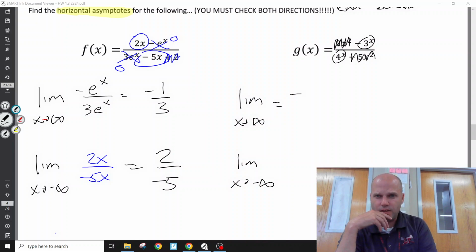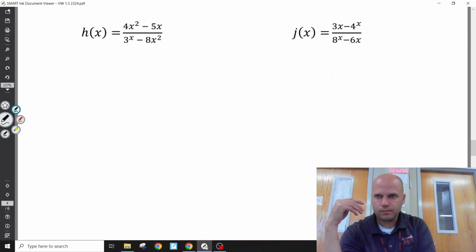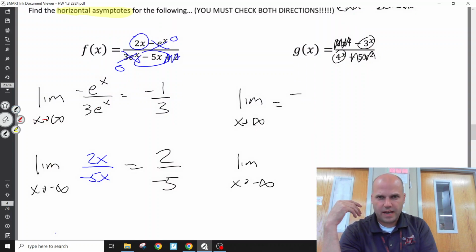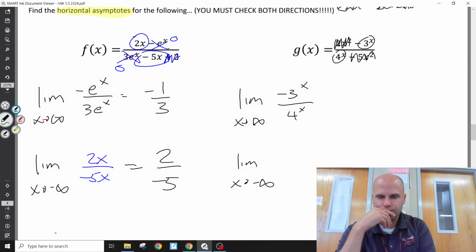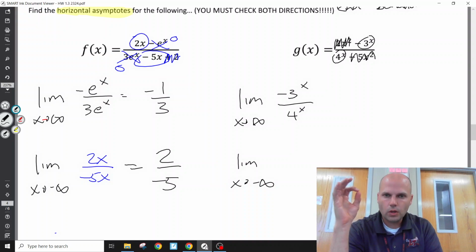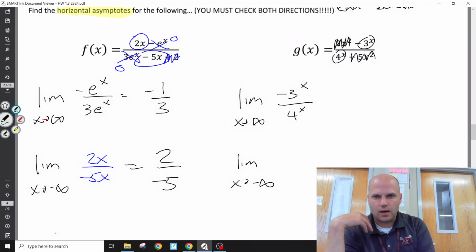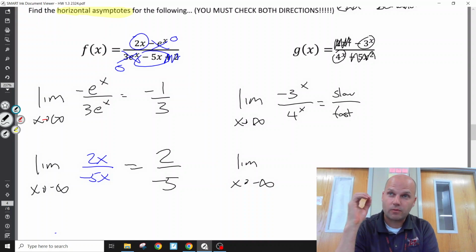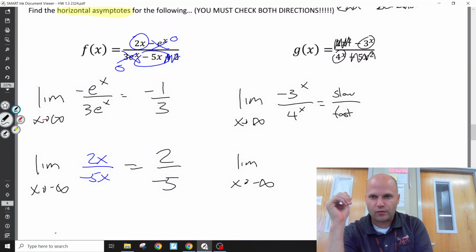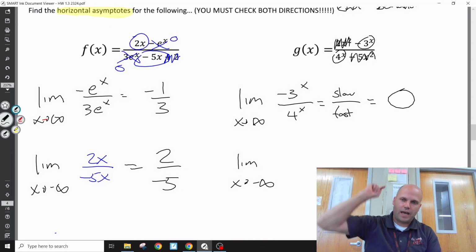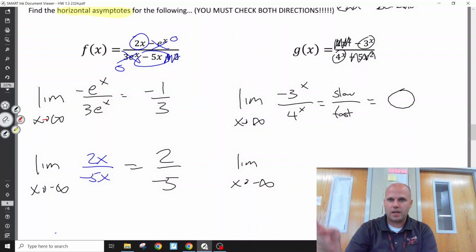I get negative 3 to the x, 4 to the x. Okay? This is not a same over a same. This is a slow over fast. Times 3 times 3 times 3 will be slower than 4 times 4 times 4 times 4 times 4. Slower over faster, that goes to 0.